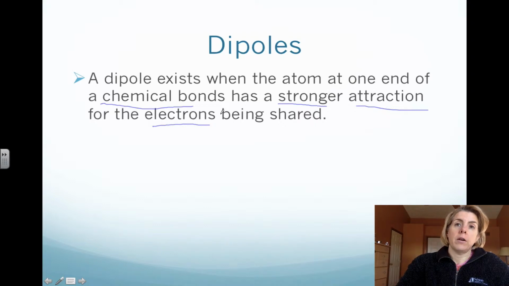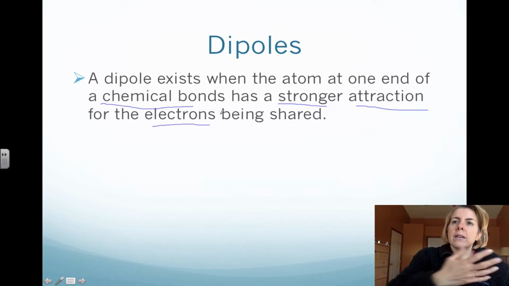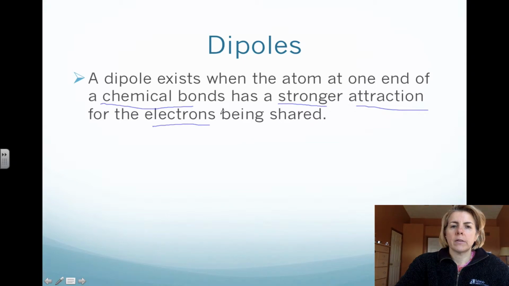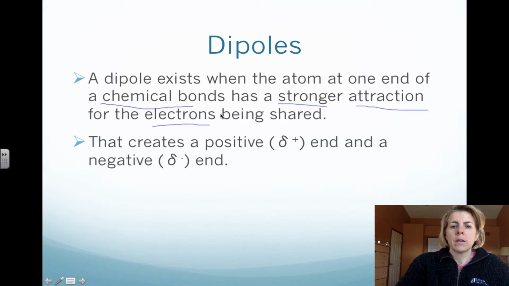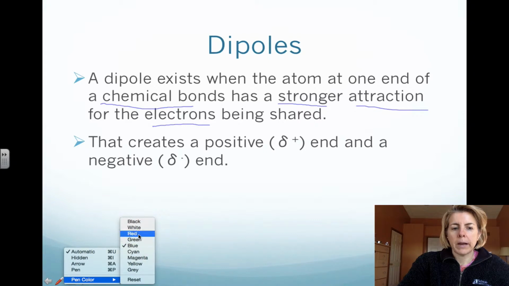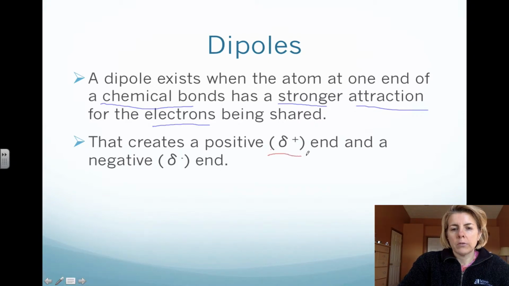Oxygen tends to have a stronger attraction of electrons on one side of a chemical bond, as opposed to hydrogen, which weakly attracts electrons. So what happens in a water molecule is the hydrogen end has a weakly positive charge, and oxygen has a weakly negative charge.